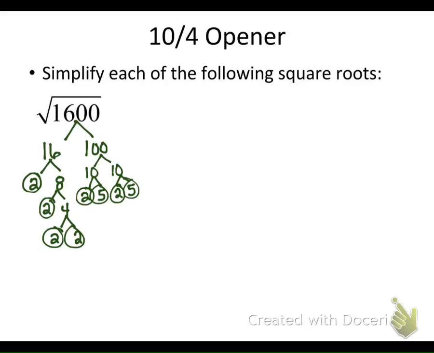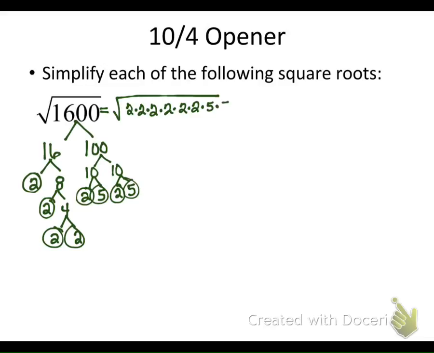All right, so now we're going to come up to the right of the square root of 1600 and write all of these numbers in our radical. So how many 2's am I going to have? 6. So 1, 2, 3, 4, 5, 6. How many 5's? 2.